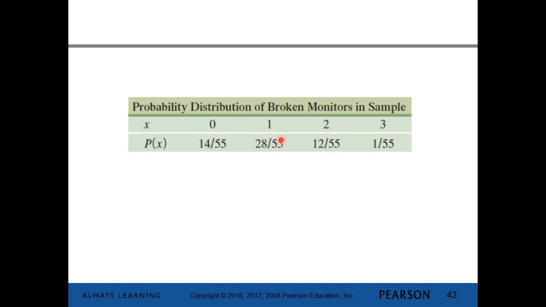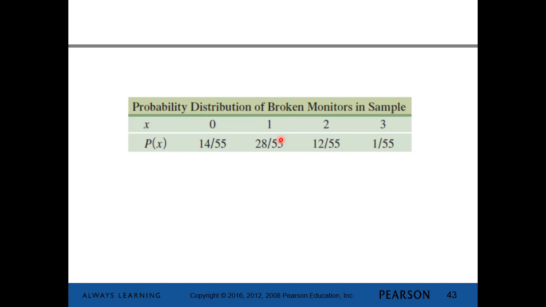So let's say in this example we have a shipment of 12 computer monitors that contains 3 broken monitors. A shipping manager checks a sample of 4 monitors to see if any are broken. Give the probability distribution for the number of broken monitors that the shipping manager finds.